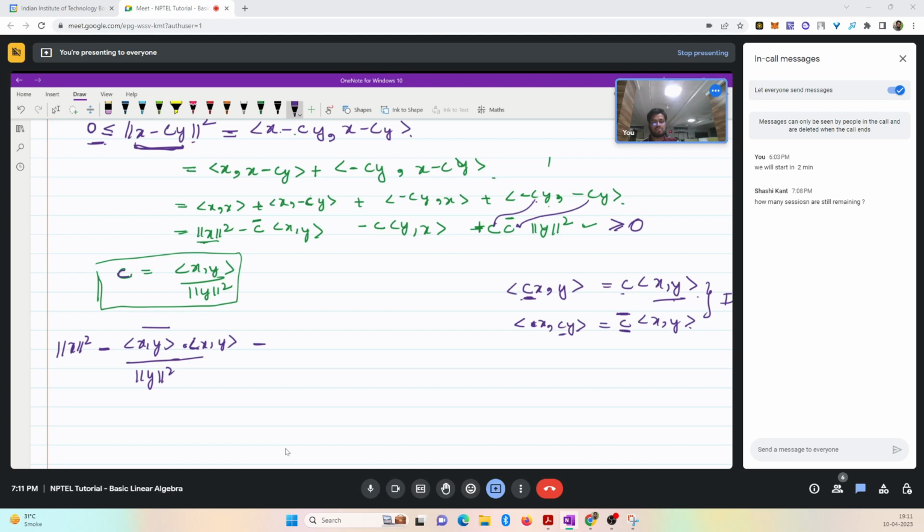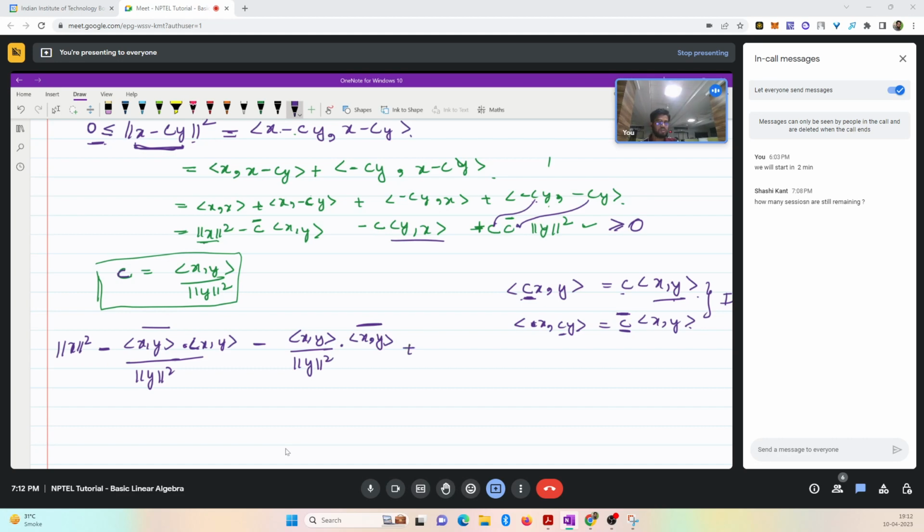So, and then after that c would be x comma y divided by y square into y comma x. Now you can again write y comma x as x comma y conjugate, by property of your inner product space.